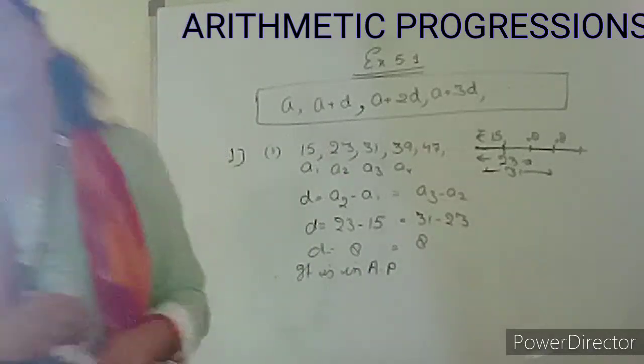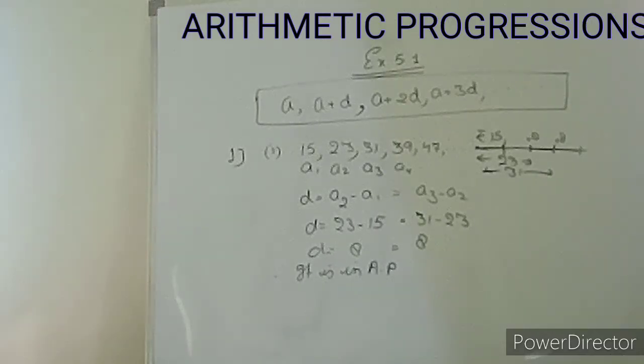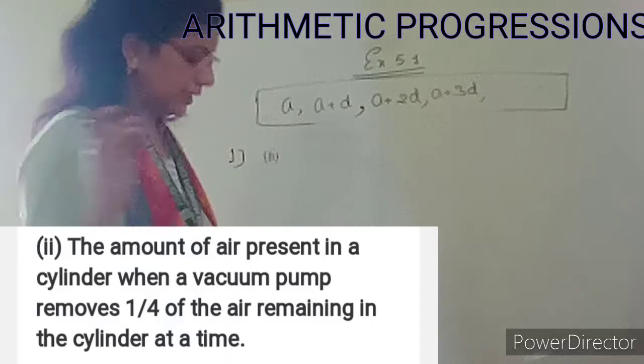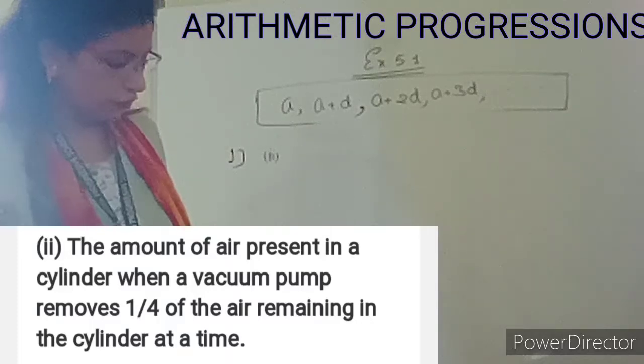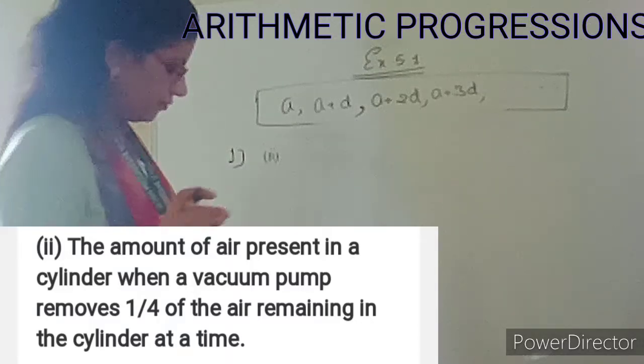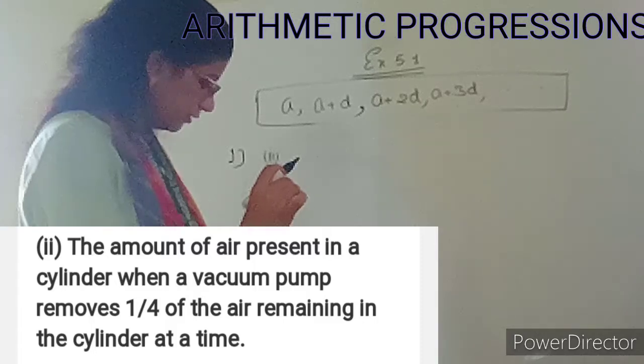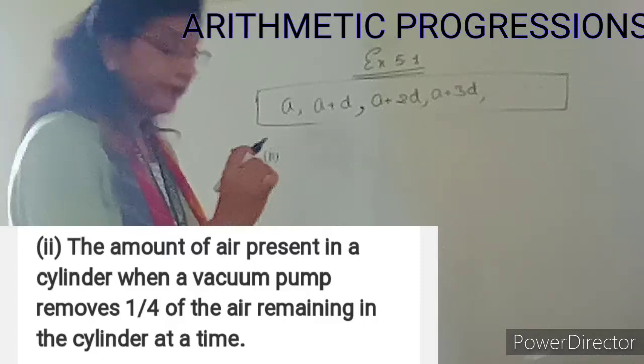Second part, let us do. Now the second part, what they are saying: the amount of air pressure in a cylinder when a vacuum pump removes 1/4 of the air remaining in the cylinder at a time.